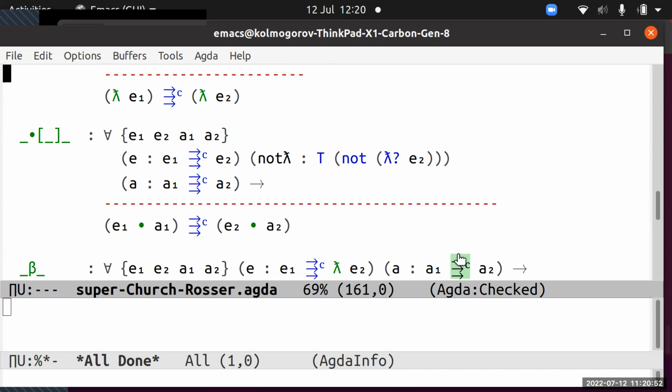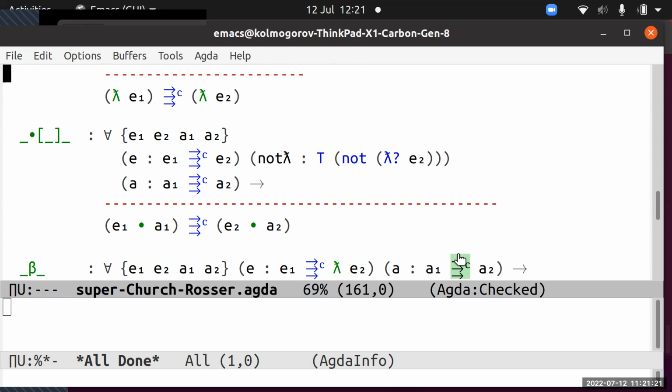Now I wrote that indicator function as a Boolean, and then I'm going to negate it so it's not a lambda. But now I need a type that says that Boolean is true. The negation is true. So I need an operator called T. We'll talk about that later too. And then the bodies reduce. And under those assumptions, so two inductive assumptions and a side condition, then I can reduce the application.